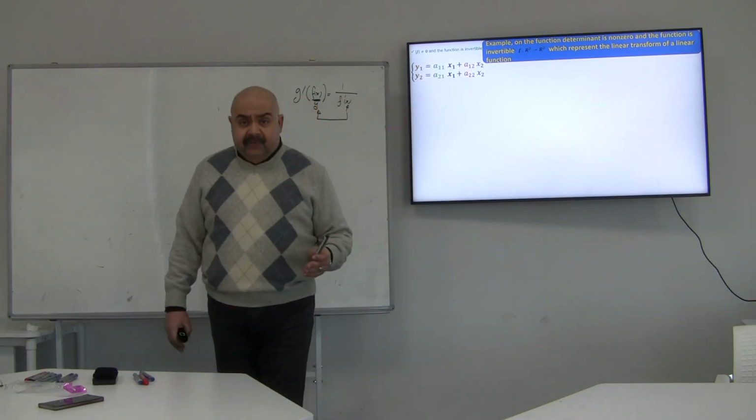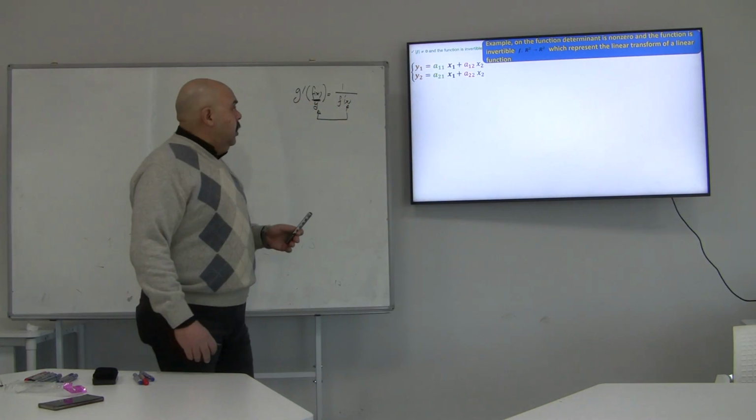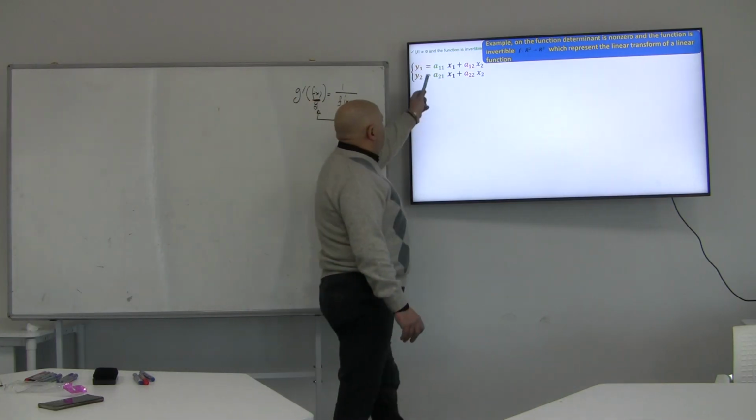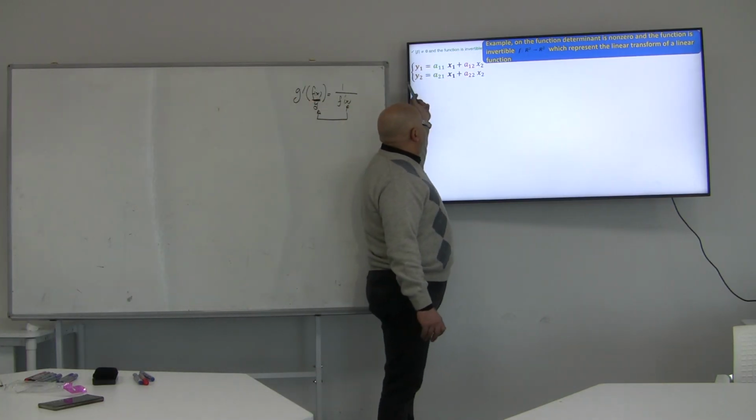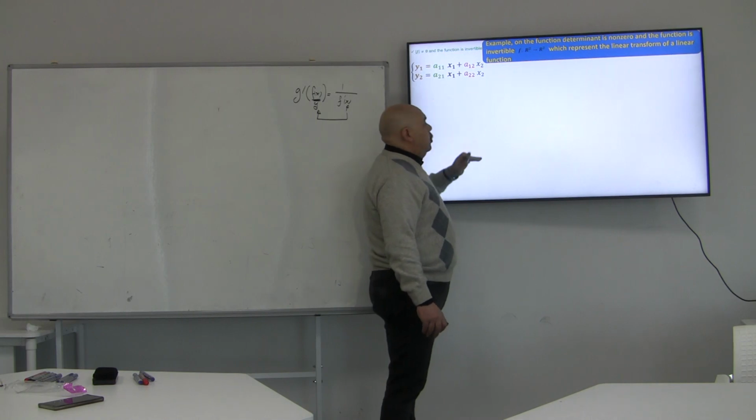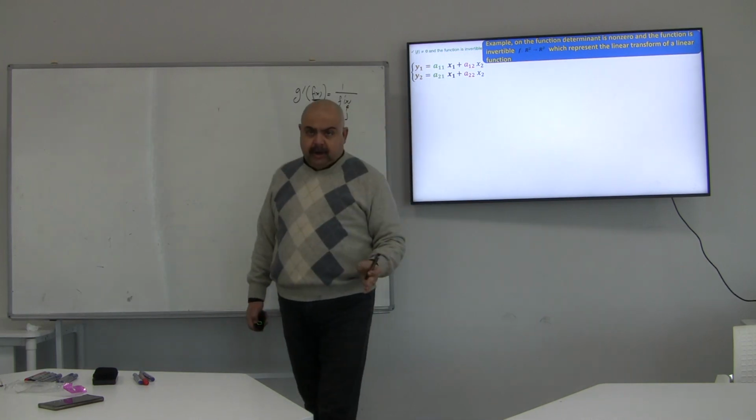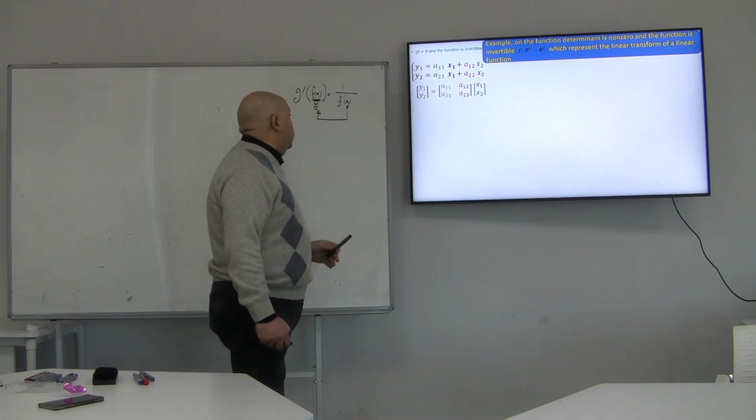So if I have y1, y2 equal a11 x1, a12 x2, this linear transform moves things from R2 into R2. I will give you a very nice example on this.